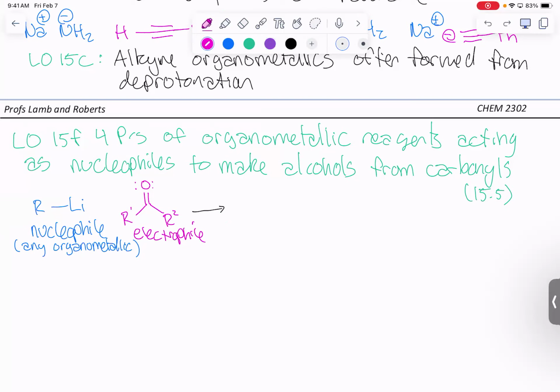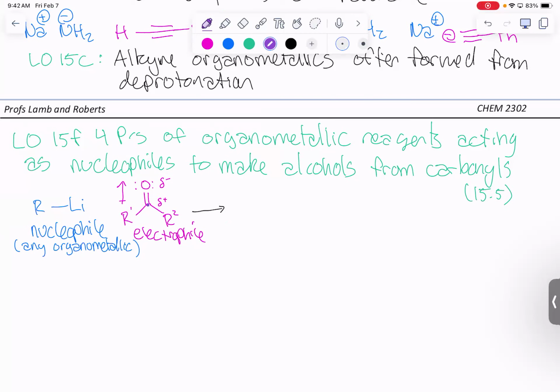Now, where's our most electrophilic position? You'll recall from the first day of class, carbonyl compounds have that delta positive charge on the carbon and a delta negative charge on the oxygen, because the oxygen is electronegative, pulling away electron density. So when we're thinking about the most electrophilic position, we're thinking about the carbon at the base of the oxygen.